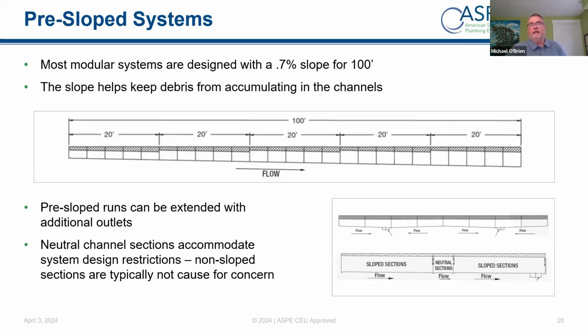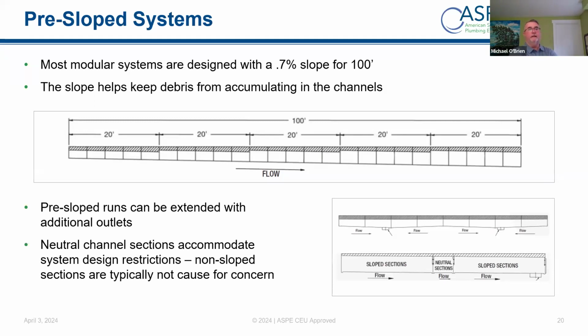Especially important if there's organic matter going down the drain. So in food and beverage types of facilities, but also, if you have leaves that are sticking in there or other types of material, you want to keep that drain clean. So that's where the slope is. Most of them are pre-sloped.